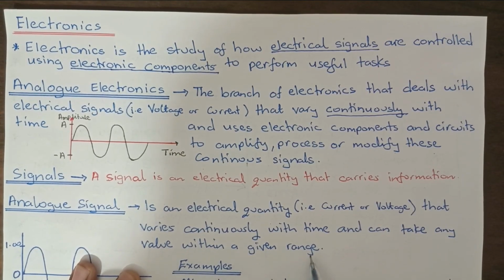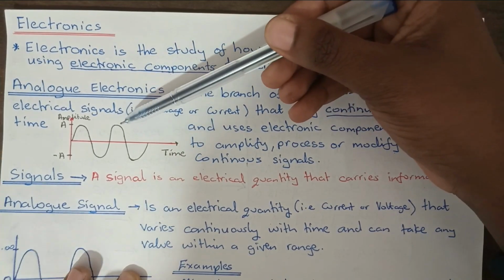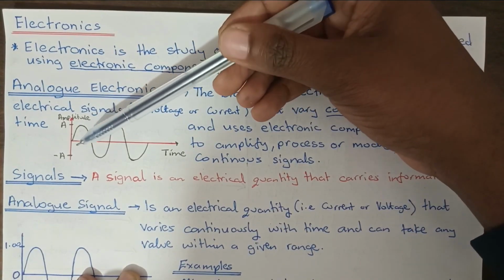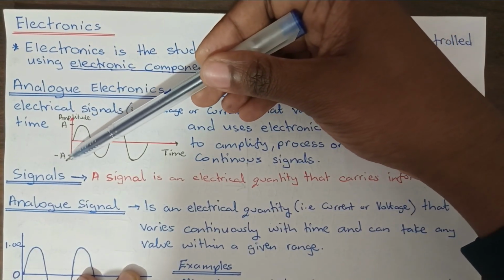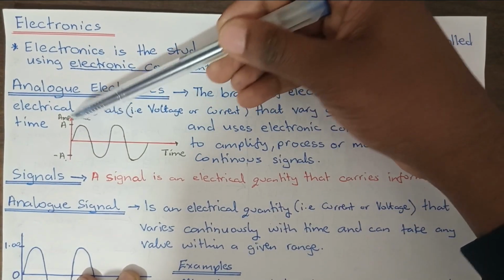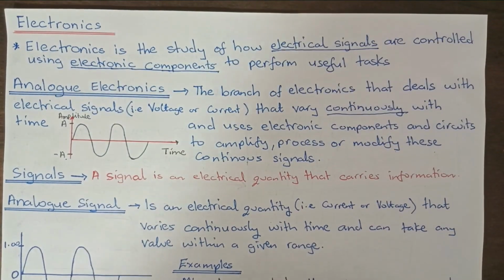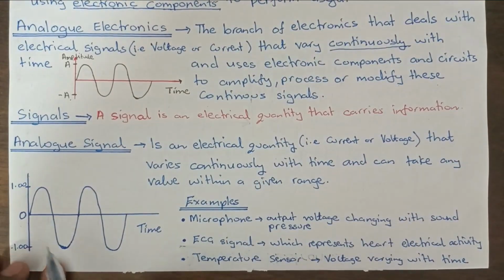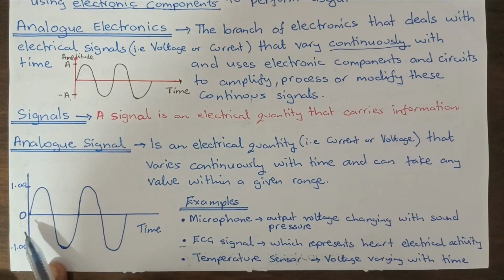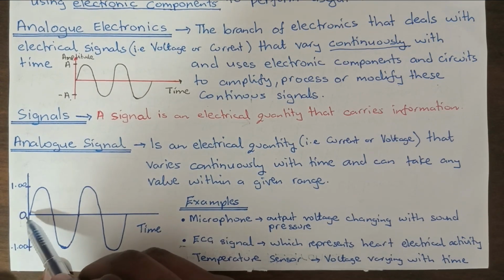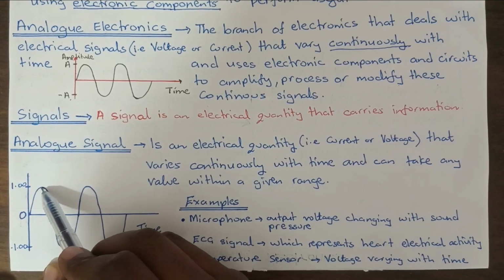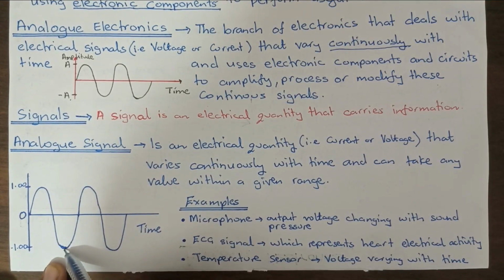given range. That is the reason why I have already drawn this diagram with an amplitude varying from negative A and A. If you see on this diagram, let us see it clearly, we have got an analog signal which varies between negative 1 and 1. Maybe this is current. Let's say this is current. We've got an alternating current which varies between 1 and negative 1.